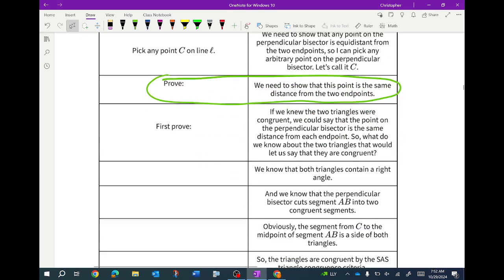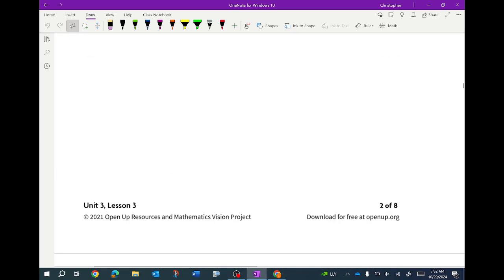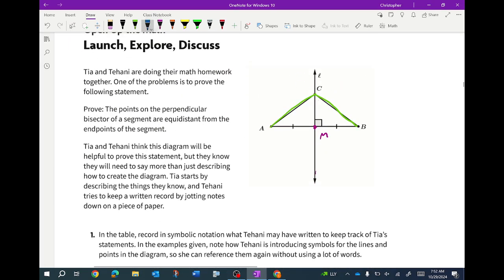So, some of the things that we know. We know that both triangles contain a right angle. So we have this angle right here. That's right, but there's also another right angle to the left of it. So both of them have a right angle.